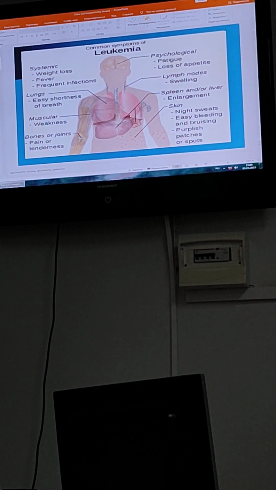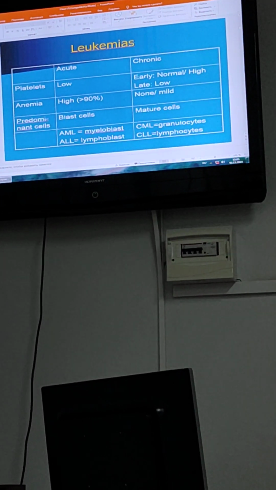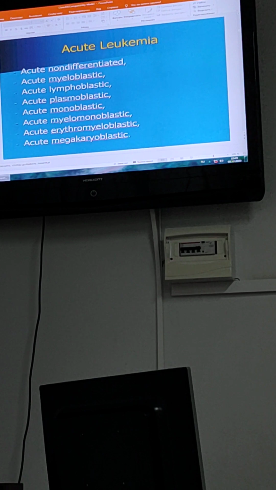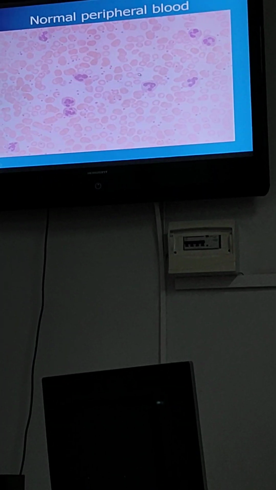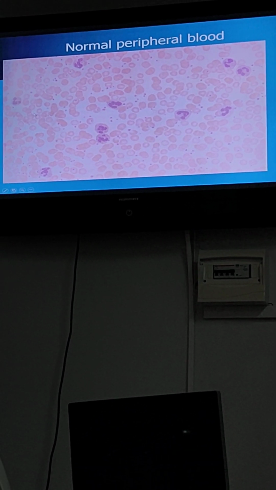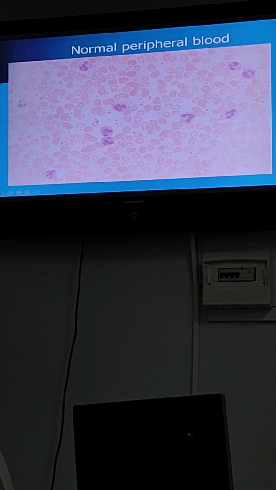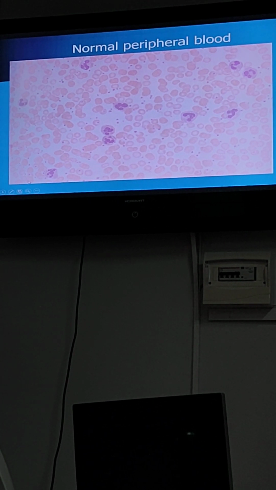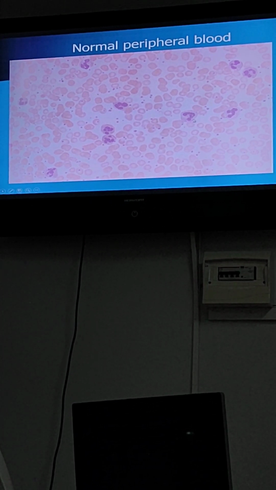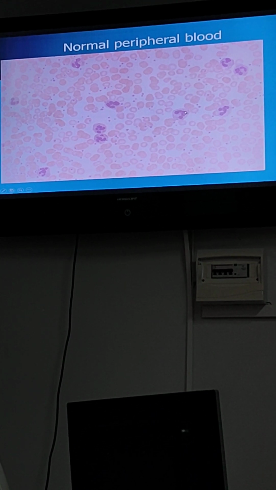The classification we have discussed. This is normal peripheral blood: many red blood cells, a few platelets, and some leukocytes, different variants of the leukocyte.